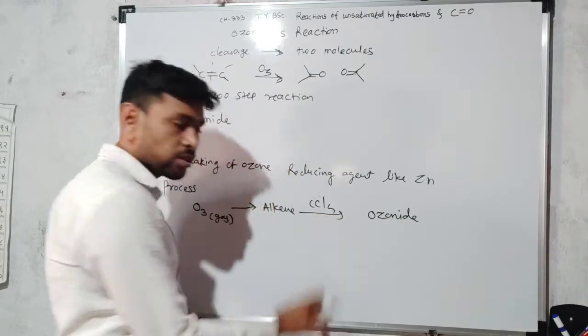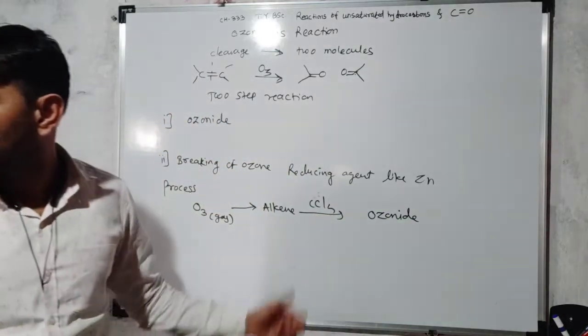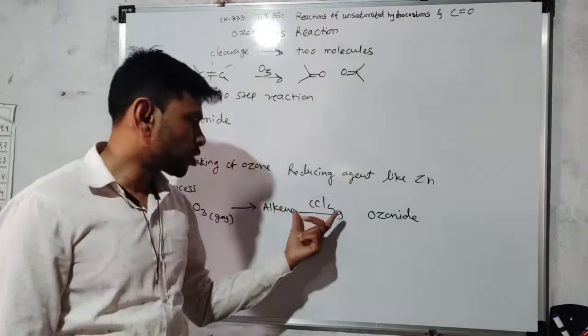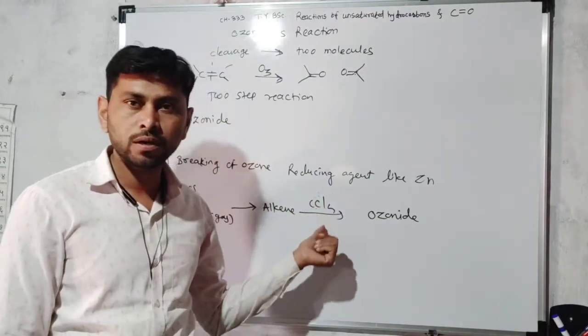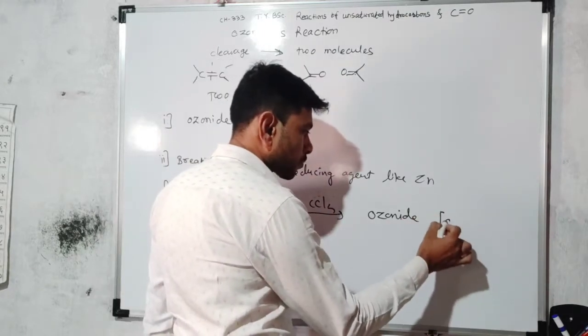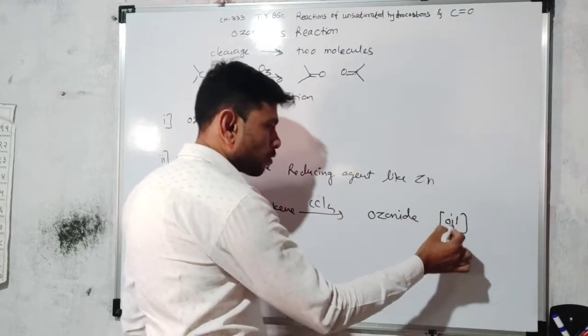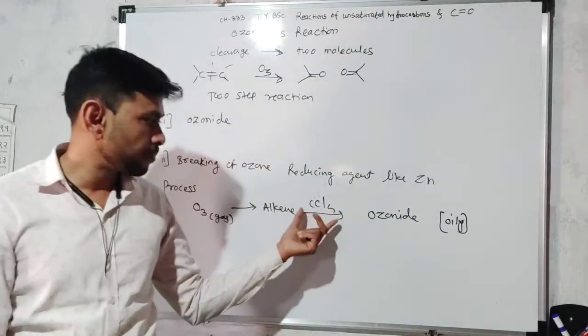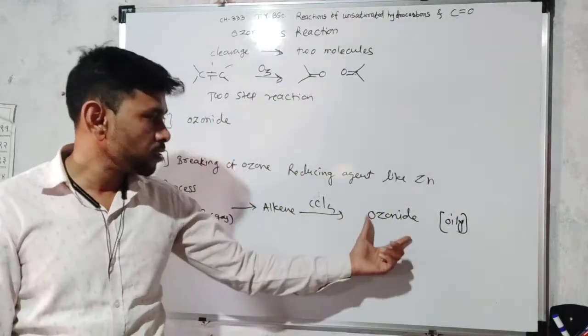When the evaporation of this solvent takes place, we obtain the ozonide in oily form, left behind.